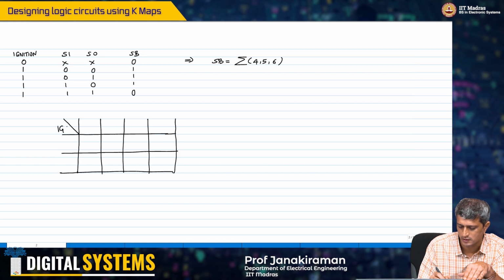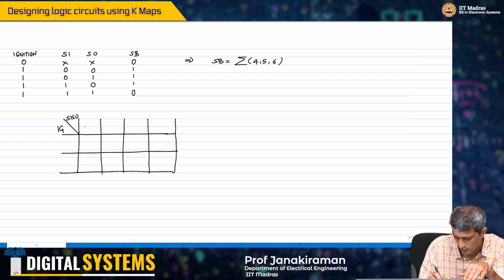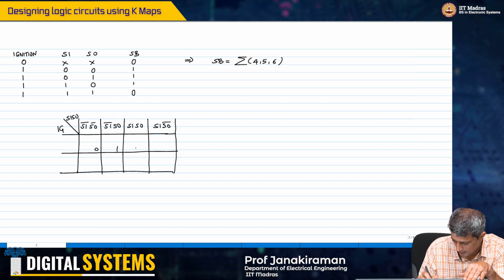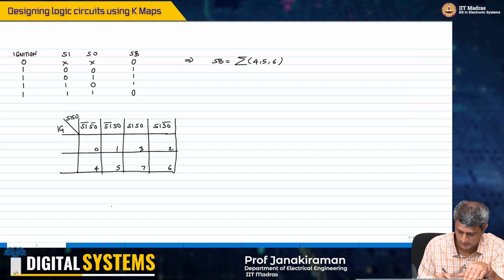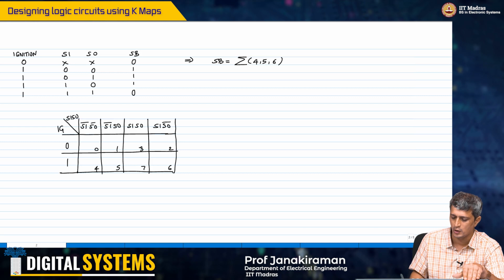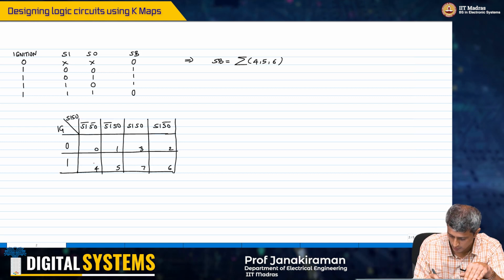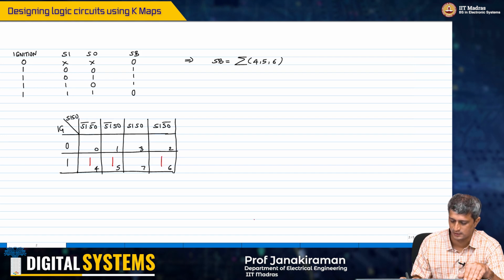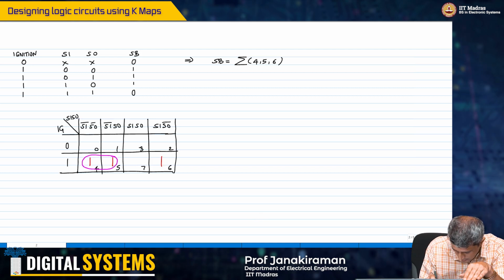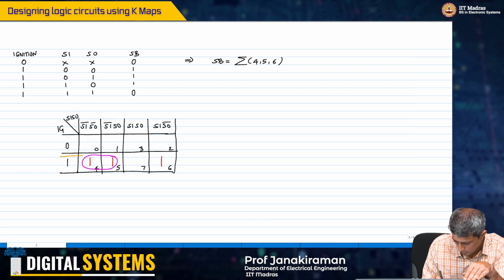The ignition is out here, S1, S0. So S1 bar S0 bar, S1 bar S0, S1 S0, S1 S0 bar, 0, 1, 3, 2, 4, 5, 7, 6, right? And this is ignition 0, 1. So obviously for 0, 1, 2, 3, it's all 0, and all I have to do is 4, 5 and 6, right?